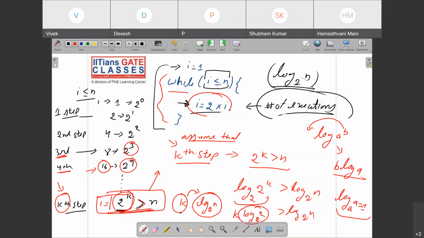Using this reduction, we can say that it's log base 2n. So we are good, I guess. The complexity analysis that we did shows the number of times this step is executing is log base 2n.